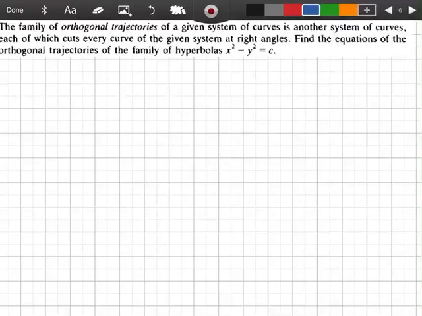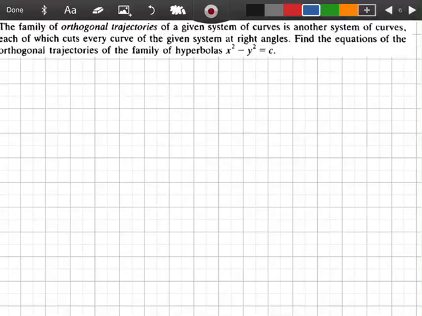That means, ang slope nitong hyperbola na to ay negative reciprocal ng slope nung hinahanap nating family of orthogonal trajectories. Why negative reciprocal? Kasi nga, it cuts the equation into right angles. So, that means, yung slope nila ay perpendicular. So, it will be negative reciprocal.